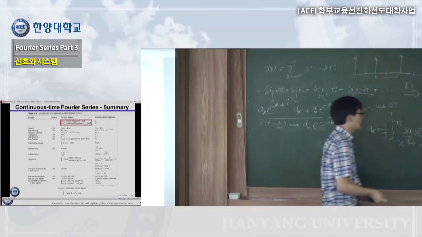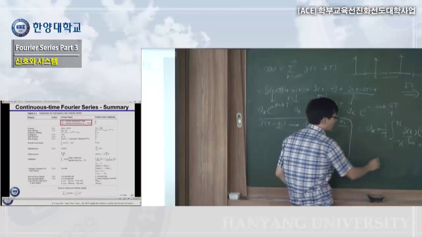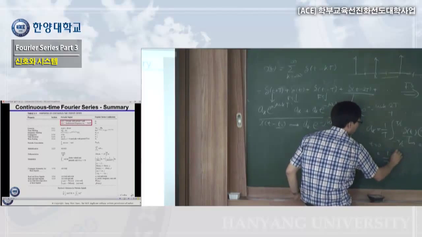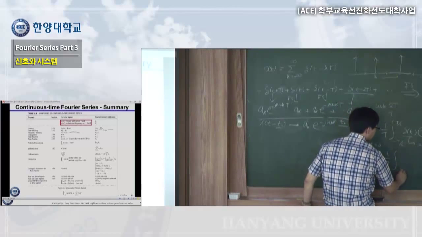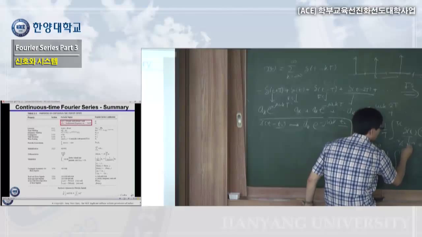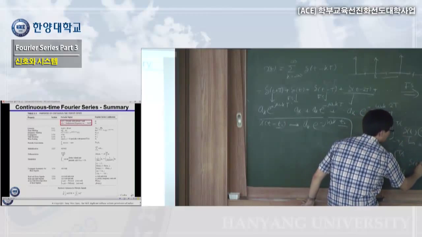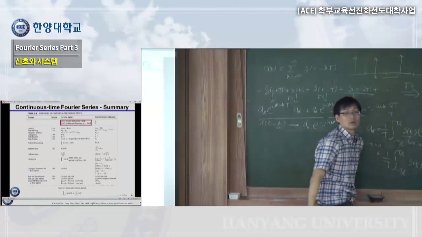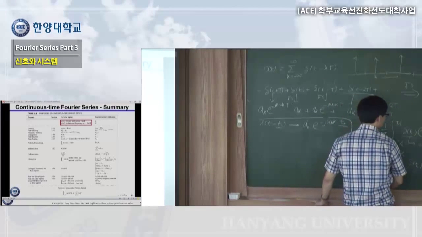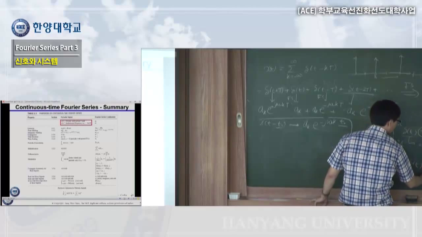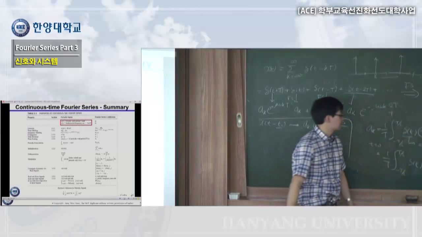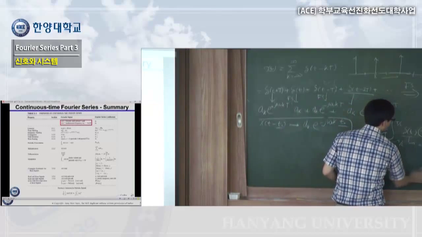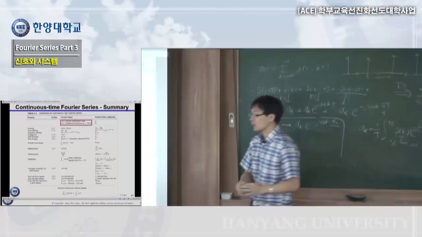When t equals 0, we have a period, delta(t), and at t not equal to 0 this becomes 0, right? At t equals 0, this one becomes 1. So therefore it becomes what? 1 over T. So you can find a_k, which is right here.